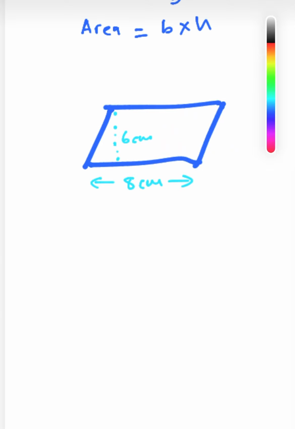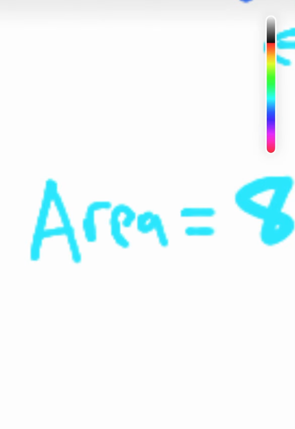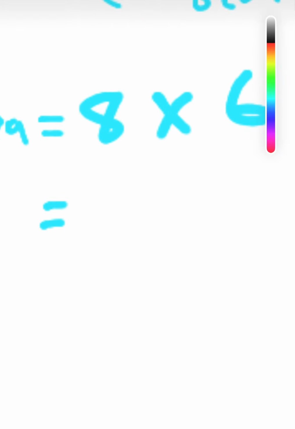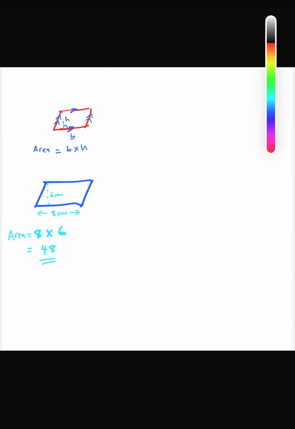So simply and directly, I can say 8 times 6. That's my area here. My area is simply going to be 8 times 6, which is equivalent to 48. All right, that's it on the parallelogram.